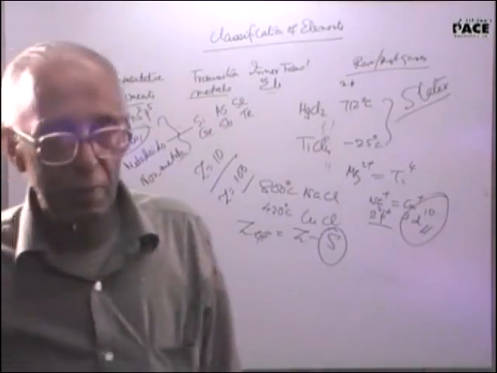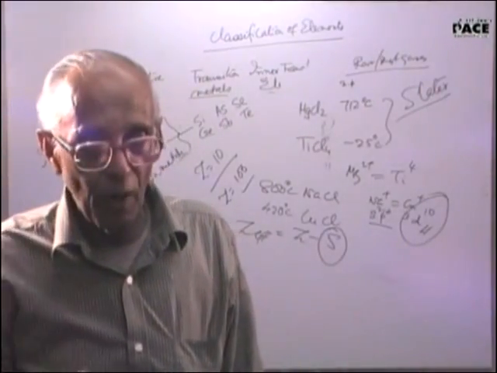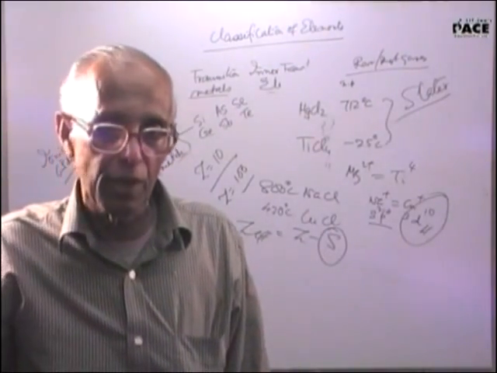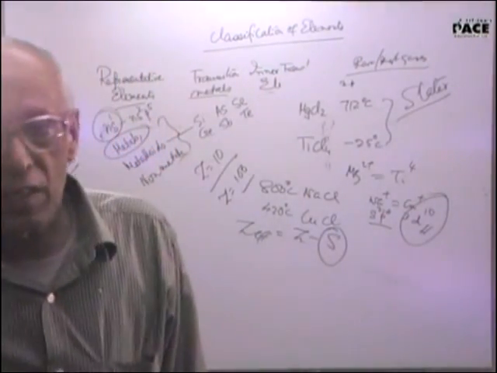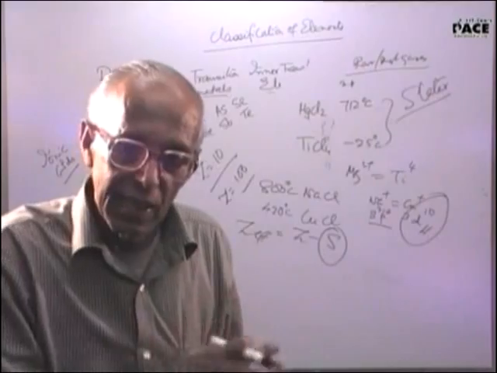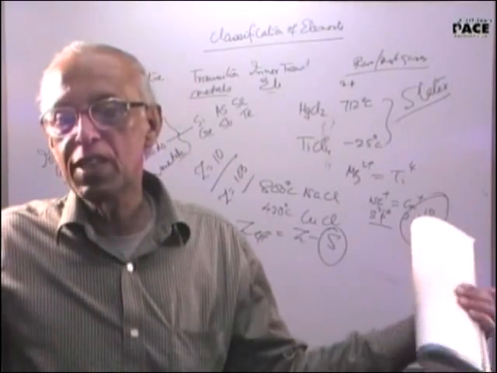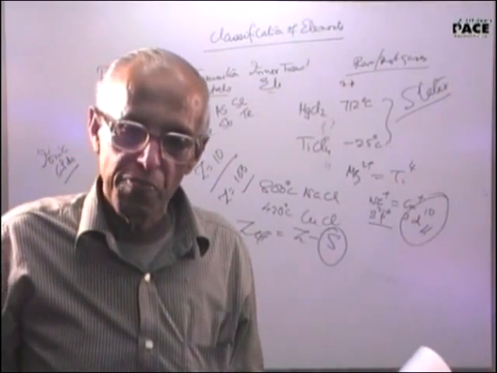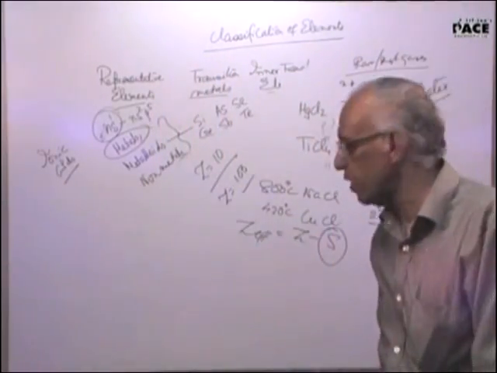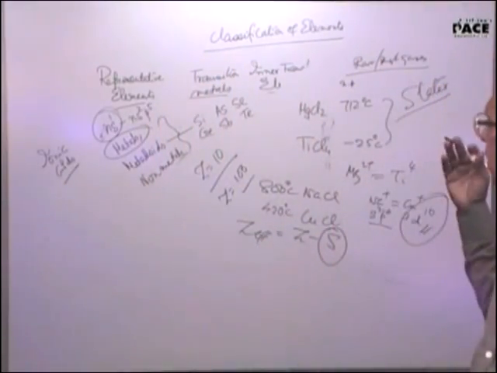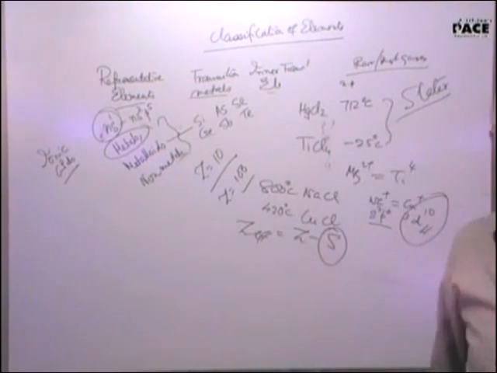It doesn't form a three-dimensional network structure, but it forms a two-dimensional layer structure. Silicon carbide and silica form a three-dimensional network structure. That is why they are hard, high melting, high boiling.